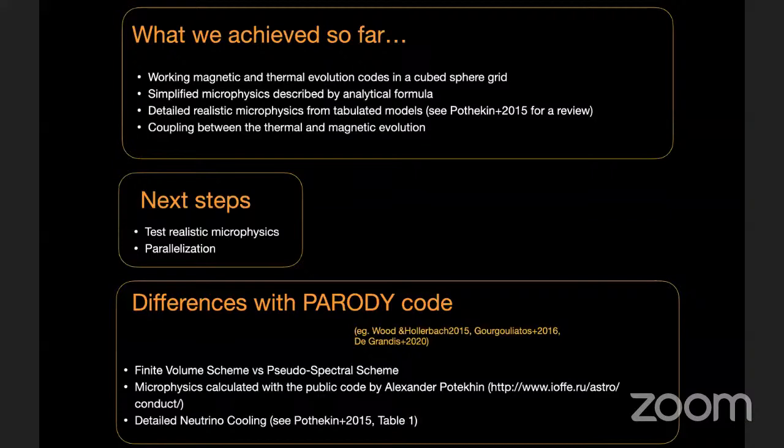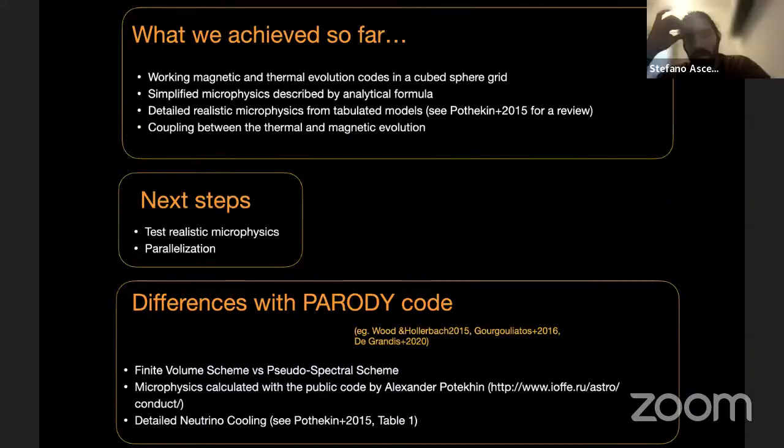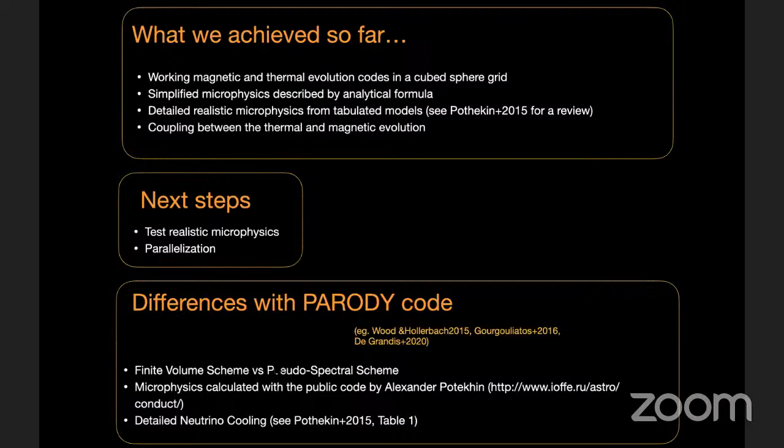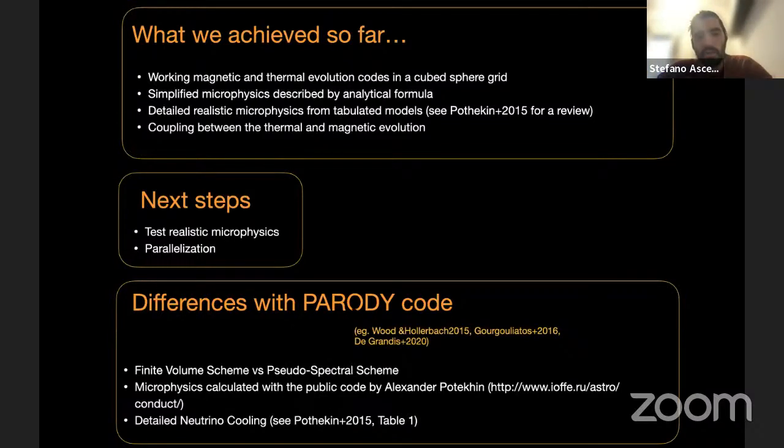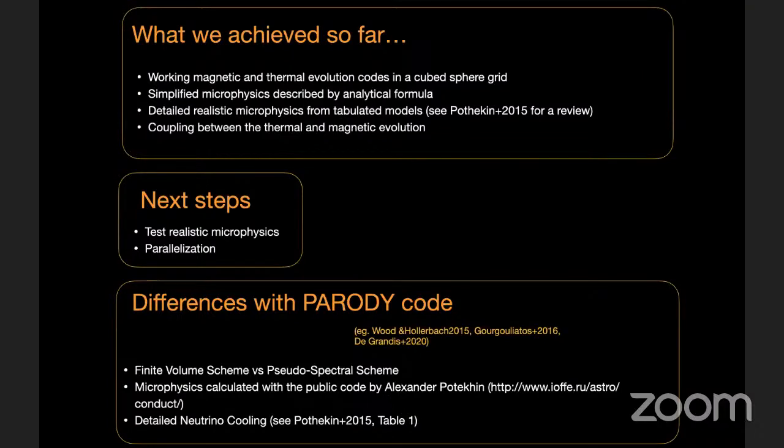Does it have any particular problem for this application, this code? Well, I never used this code in particular, and another thing, it's pseudo-spectral, so the radial part is not spectral, only the angular part is concerned. But as far as I know, it is quite difficult to apply public codes for the microphysics to the spectral code, because basically you need to calculate the transform of the microphysical quantity, which is not trivial.